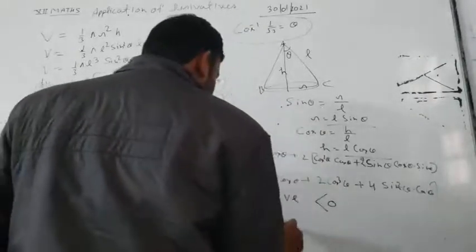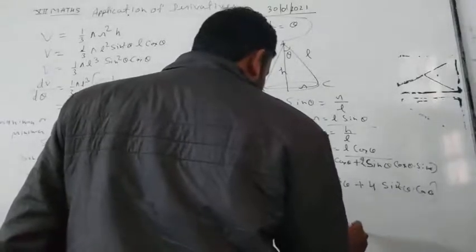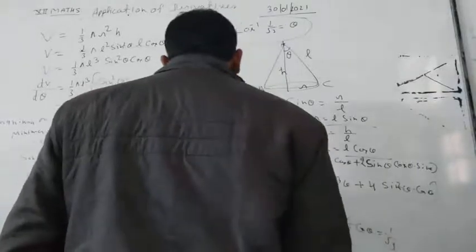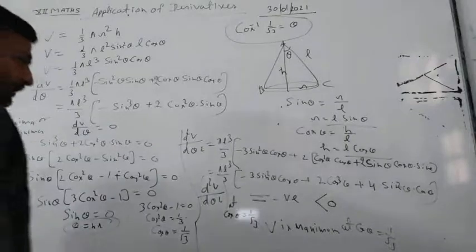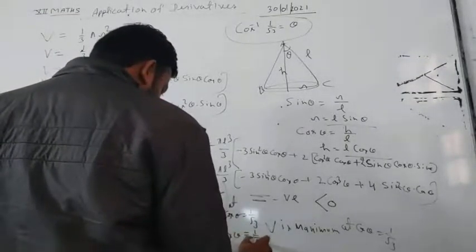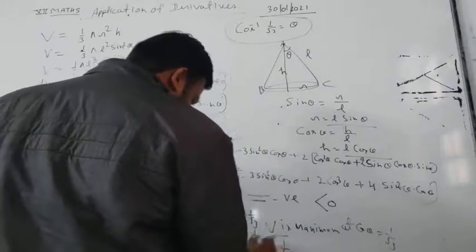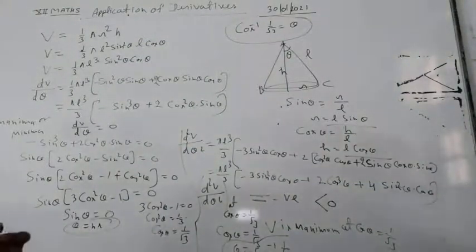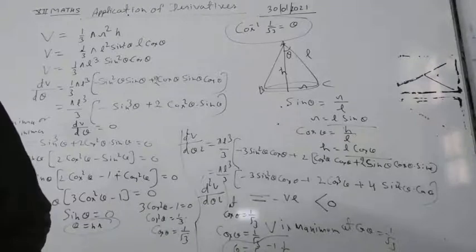So our V is maximum at cos theta equal to 1 by root 3, and our cos theta is 1 by root 3, so theta is cos inverse 1 by root 3. This proves that. Okay students, I hope you understand.